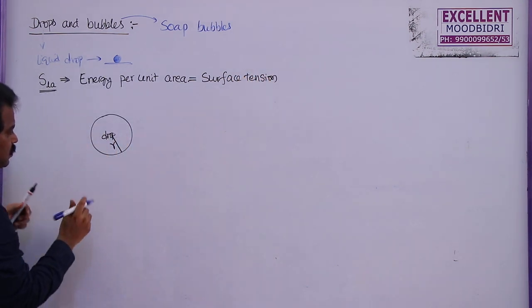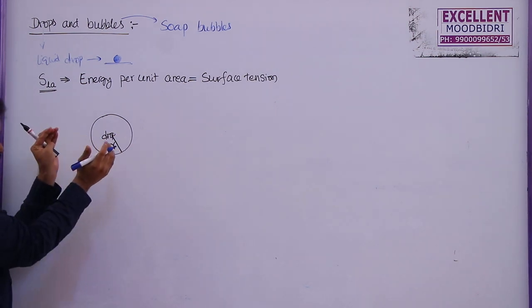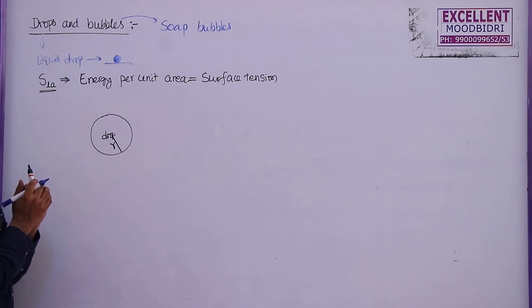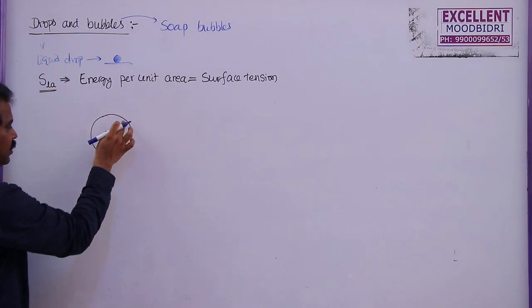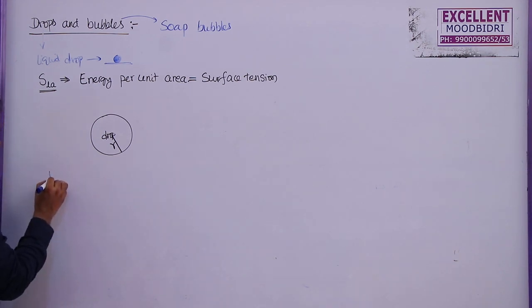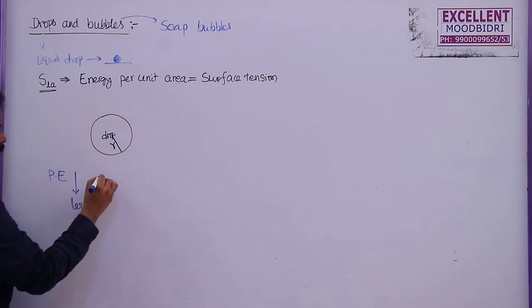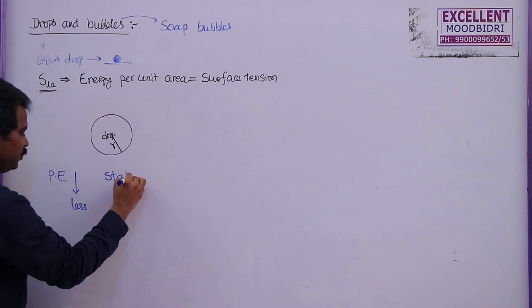In this case, if you take this drop of radius r and want to increase the size of this drop, why am I taking this drop in a spherical shape? Remember students, as we discussed earlier, if the potential energy of a body is less, the stability will be more.